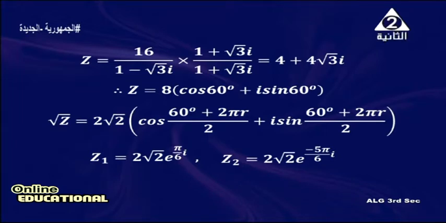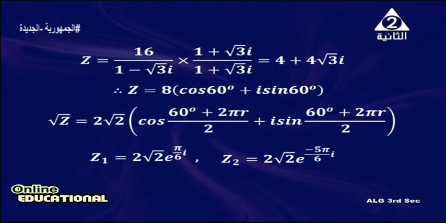This is the exponential form. Exponential form: z equals r e power theta i, theta in radian, pi over 6. Don't forget, my dear student, we have three forms of complex number: algebraic form, trigonometric form, exponential form.